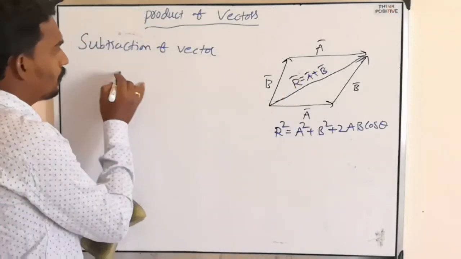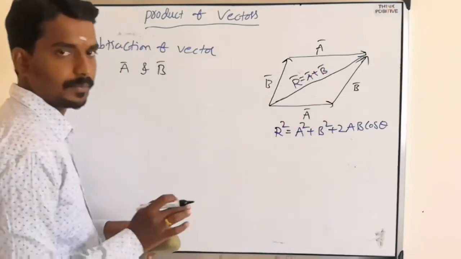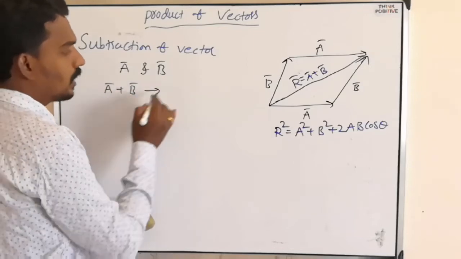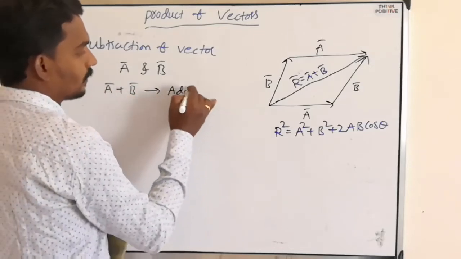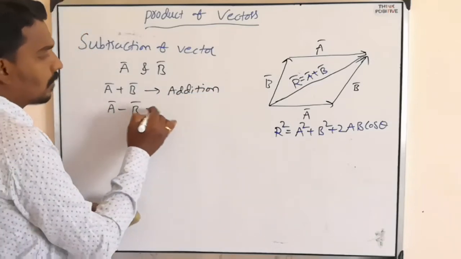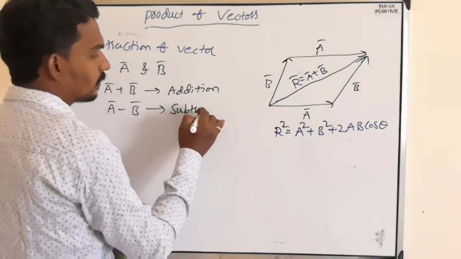How? If A bar and B bar are two vectors, then A bar plus B bar we call addition. Then A bar minus B bar we call subtraction.